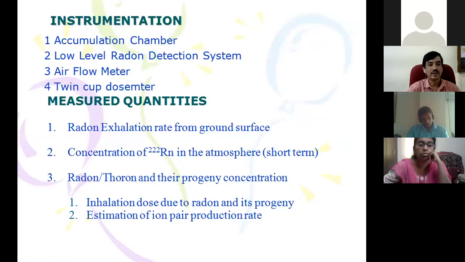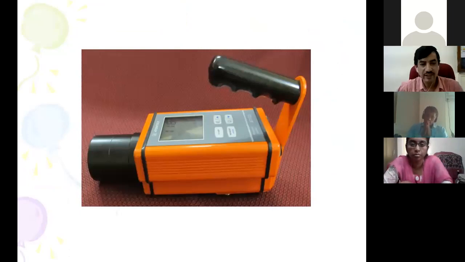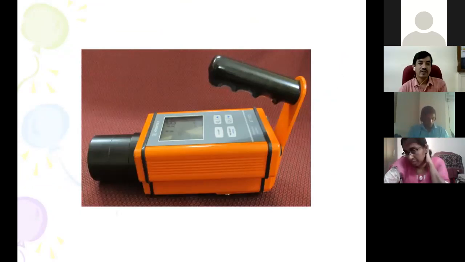Now, with this background, I am coming to the instruments which are used in environmental radioactivity. In this field of research, we first take this survey meter. This is a scintillation survey meter, used to get a broader or crude picture about the presence of radioactive elements in the environment. The first thing is to measure the background gamma radiation.